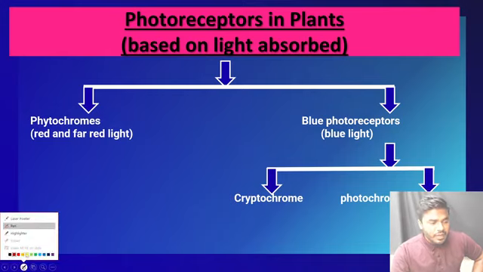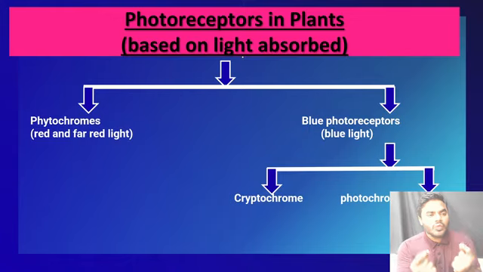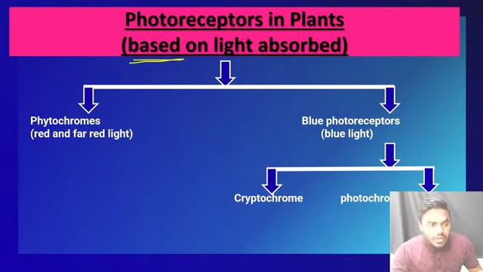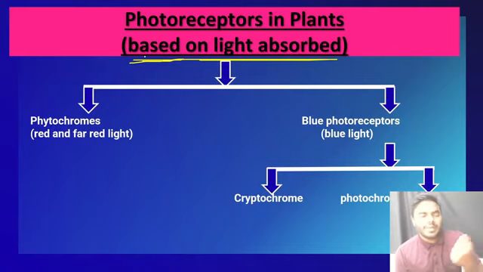Now everyone understand, all the photoreceptors present in the plant body are categorized into different types. Once again, based on what parameter do we categorize them into many types, friends? Based on how much light they are absorbing, at what wavelength they are absorbing the light, at what fraction they are absorbing the light.